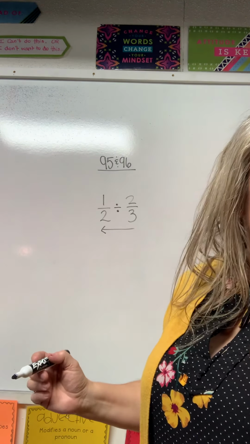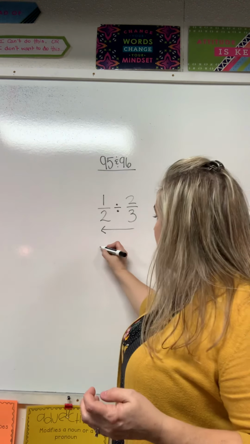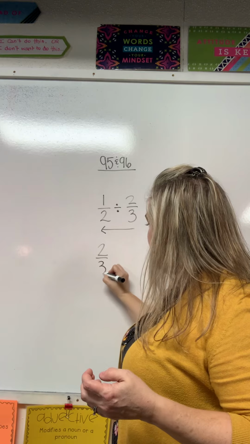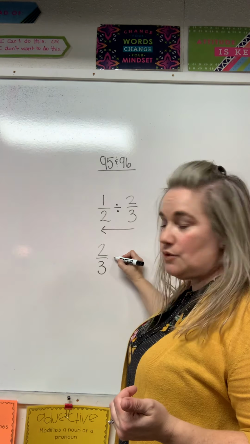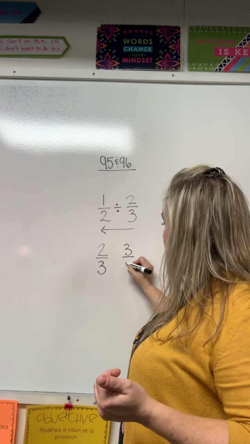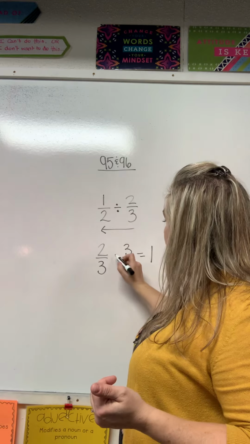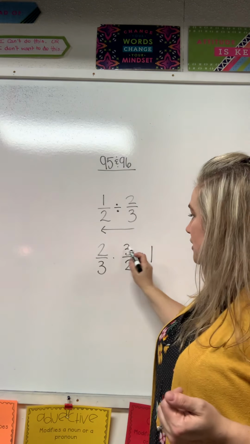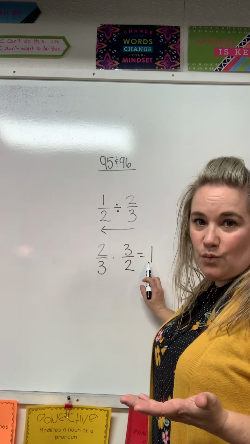One thing I want you to understand is that any fraction, 2/3 for example, what's the reciprocal of 2/3? It's just 3/2. Anytime we have a fraction times its reciprocal, we're going to get a whole number answer of 1.